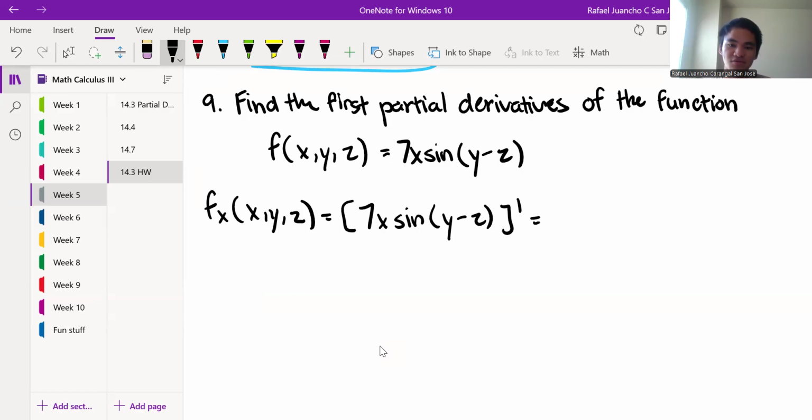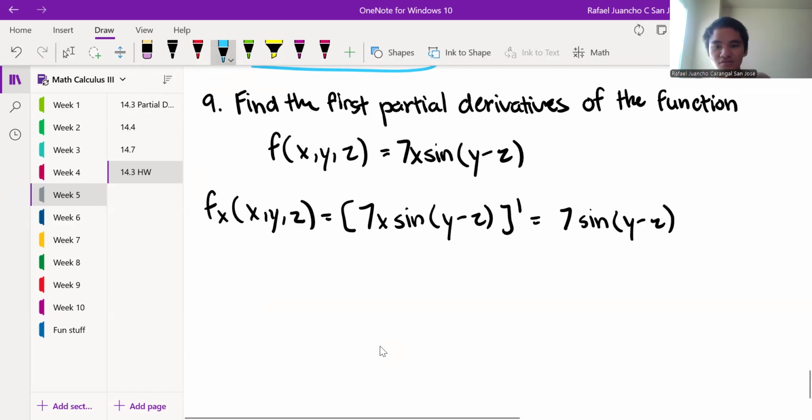Or honestly, I don't need to, because I could just treat this and this as one number, 7 sine y minus z. Then my x, when I take the derivative, is just 1. So I'm actually just left with 7 sine y minus z. Just left with that.